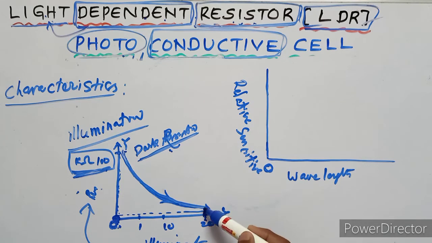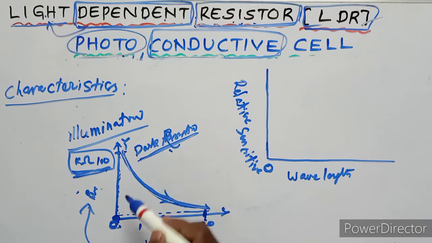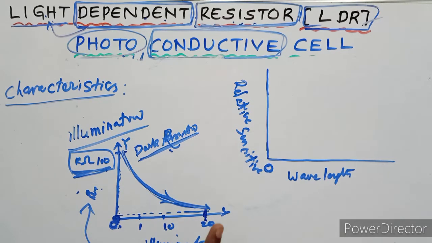Okay, the resistance is increasing with light weakness. This is the characteristics of LDR. The characteristics of LDR show the relation between illumination and resistance.